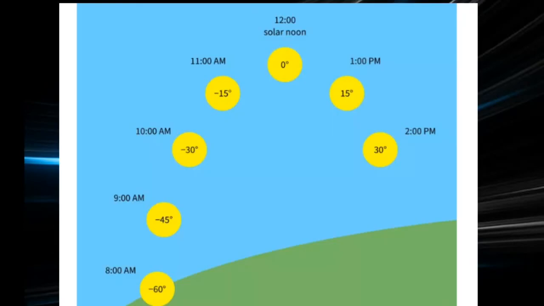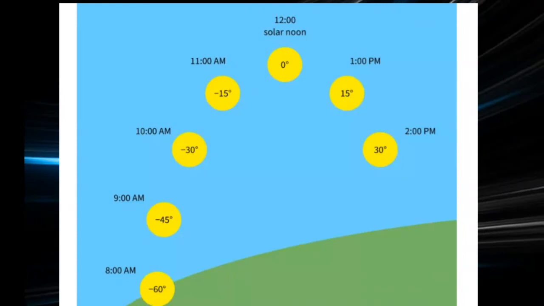So this is the hour angle omega. Now how is it calculated? In the morning, the solar hour angle will always be negative, and in the afternoon it will always be positive. We measure it from solar noon, that is 12 o'clock.